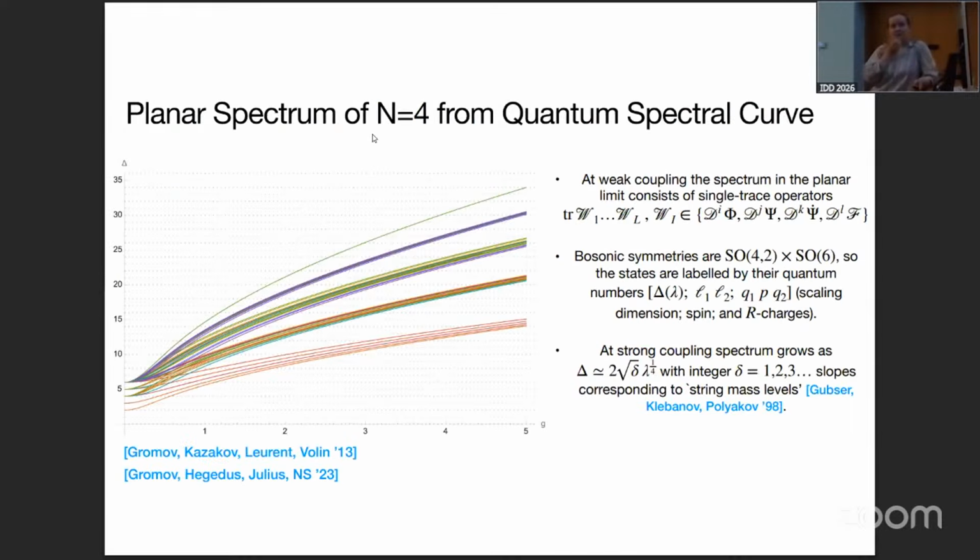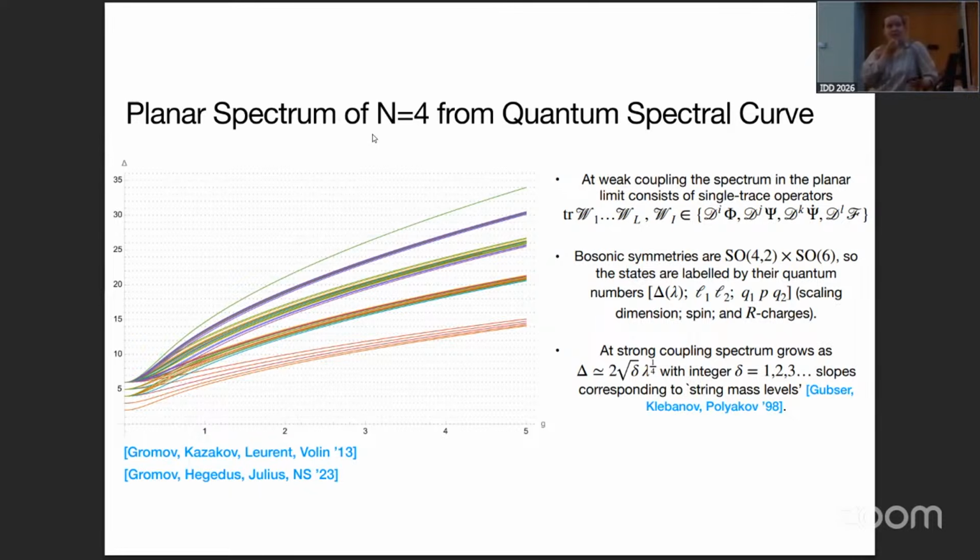Yeah, so to discuss the spectrum of n equals 4 super-Yang-Mills, which you've seen many times. Here, first of all, the plot is the numerical spectrum for n equals 4 for single trace operators, for all superprimary operators up to bare dimension 6.